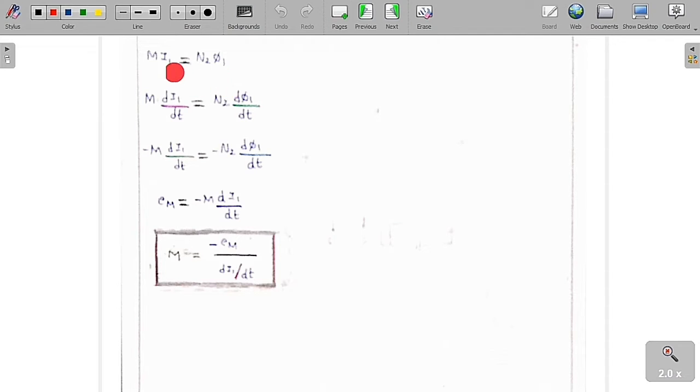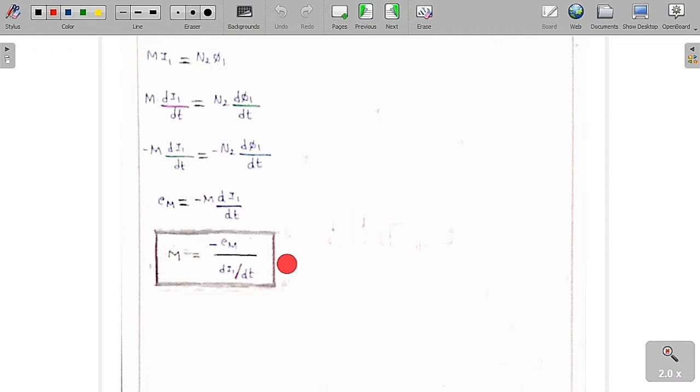Differentiating with respect to t on both sides, we get M into di1 by dt is equal to N2 into dphi1 by dt. Keep a negative on both sides, and this is called the voltage induced in the secondary coil. So EM is equal to minus M di1 by dt. This is the induced voltage in the secondary coil. So M is equal to minus EM by di1 by dt.